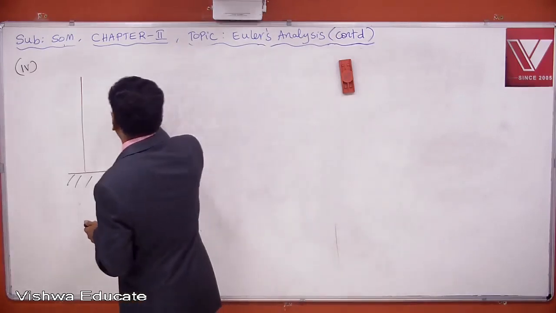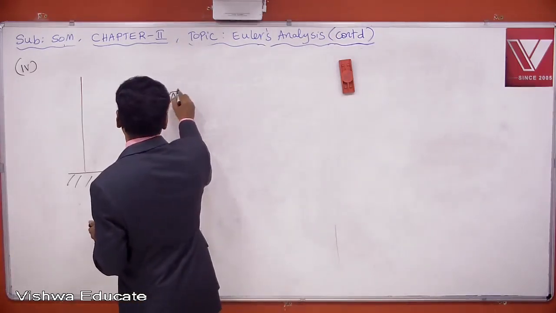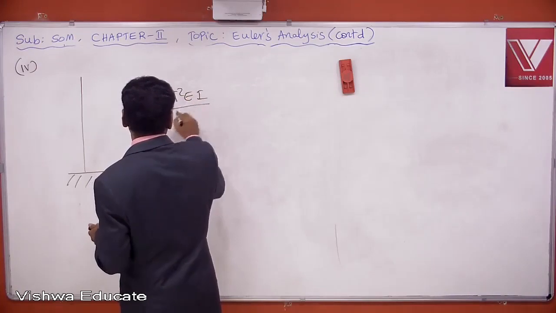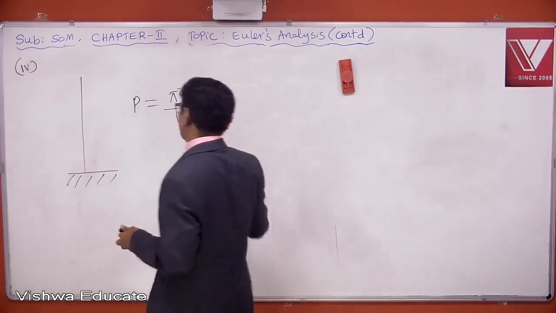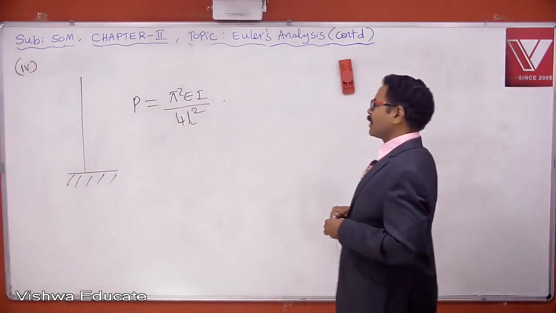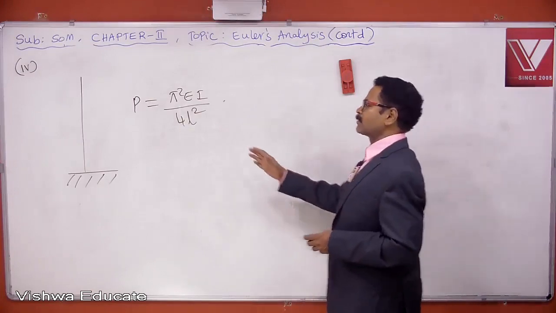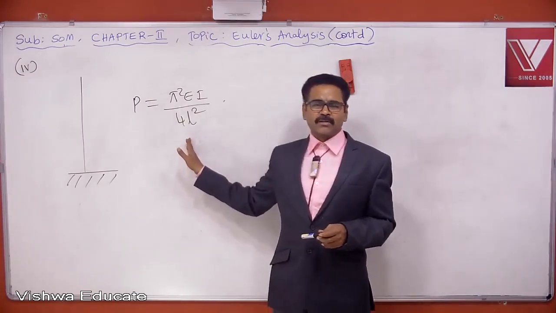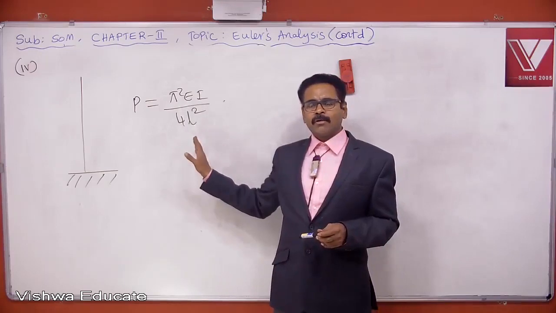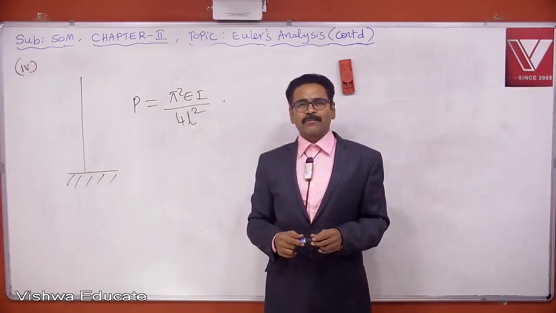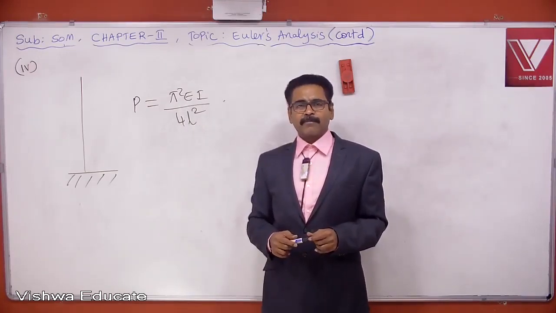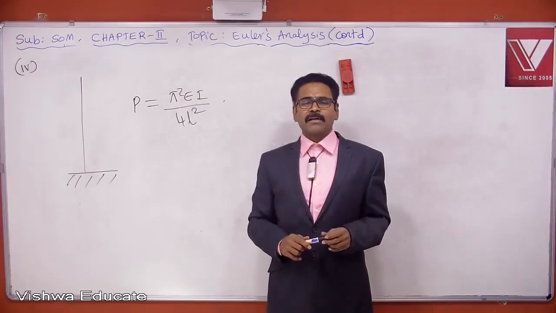So what is the critical load of this column? P is equal to pi square EI by 4L square. All these derivations are available in every standard textbook of SOM. Every derivation we need not do in GATE classes. We did the basic derivation, it is more than enough.